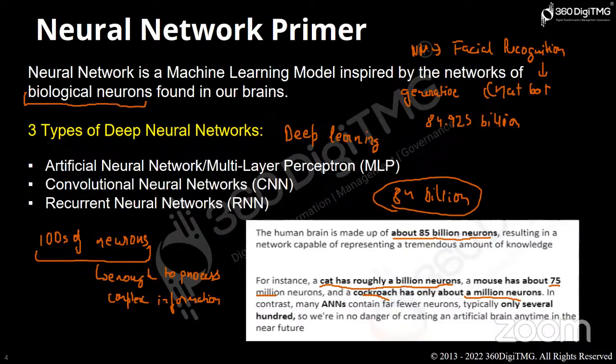So these neural networks are working towards interactive AI-based systems. So in deep learning, if you go in depth, you can apply supervised, semi-supervised, and unsupervised learning.